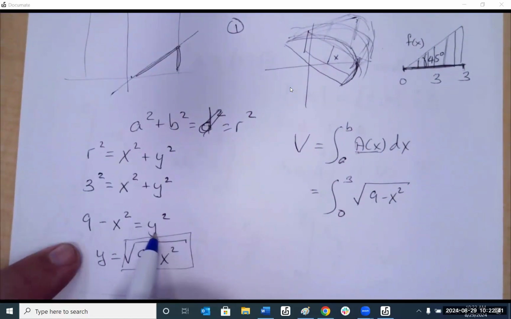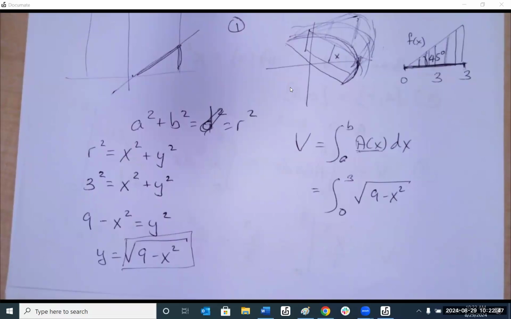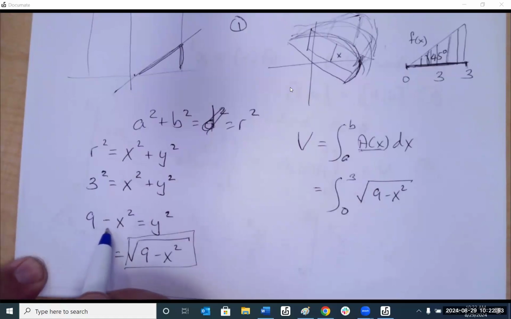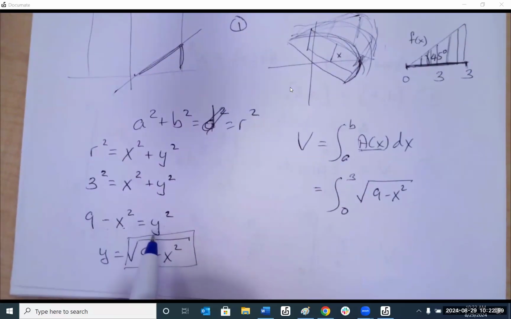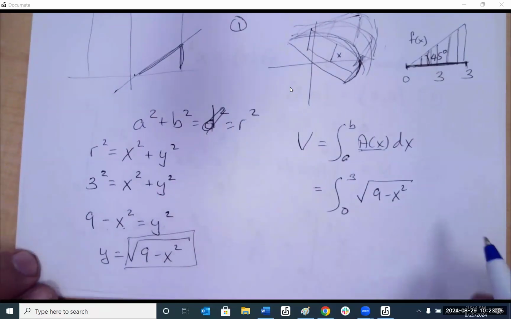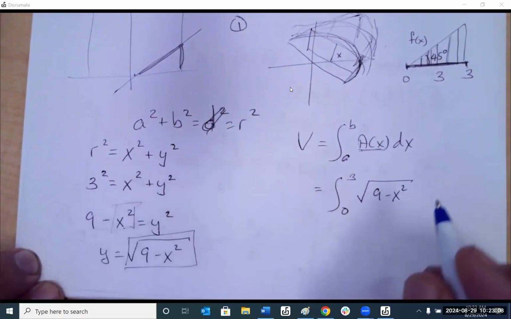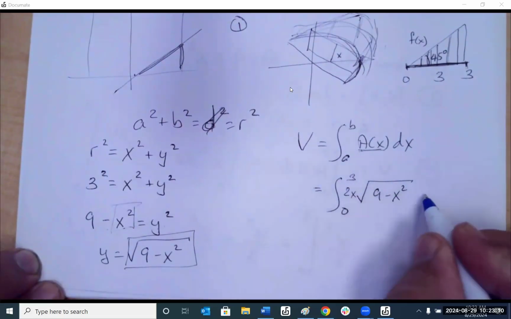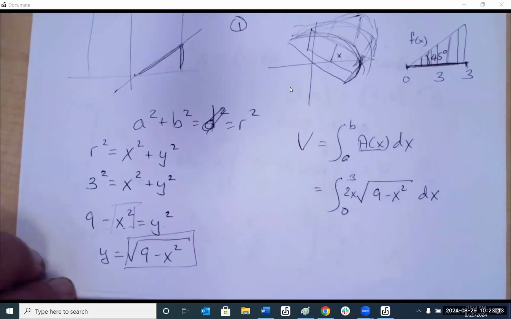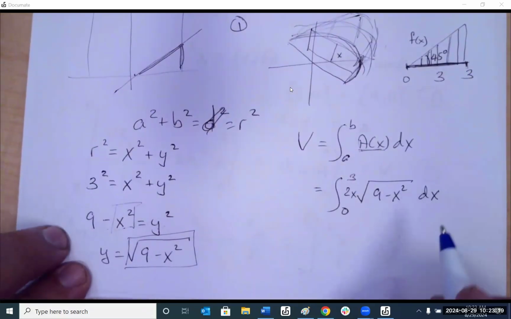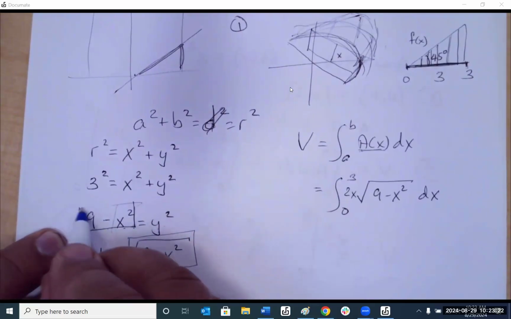To find dx, we can look at this equation. We take the derivative of it. That's 0, that's negative 2x, and 2y dy/dx. So this side is 2x. Because this is our equation we're looking at here.